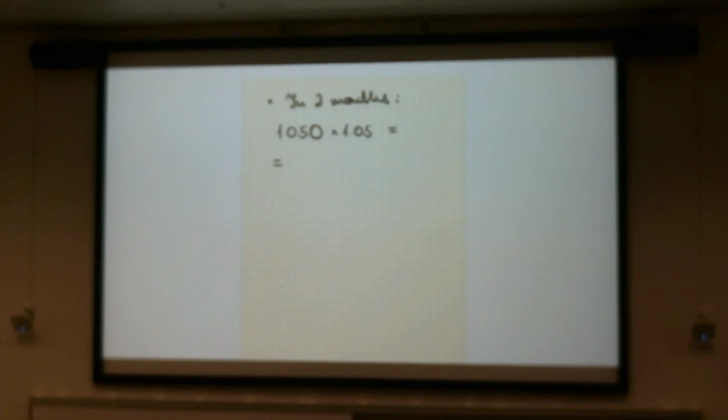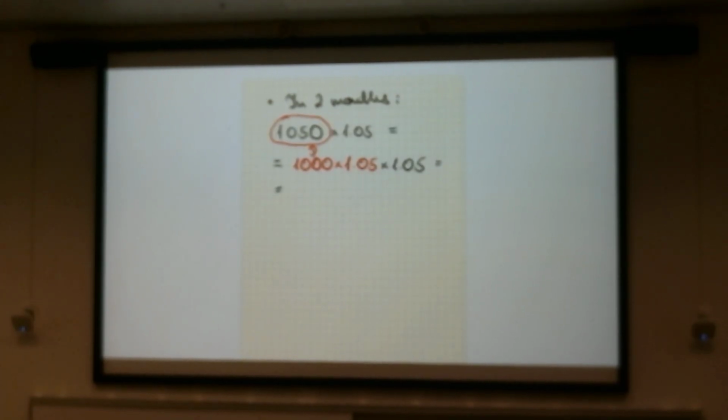But we can notice that this first number is just 1,000 times 1.05, right? So this and what I wrote in red, this is the same. And then I multiply it again by 1.05.